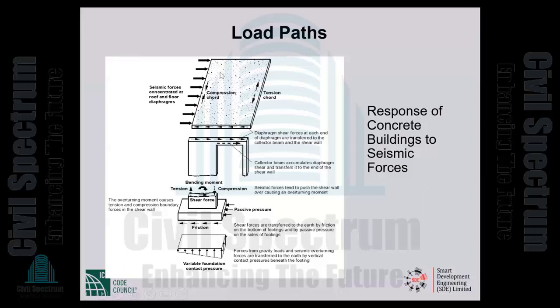So in that case, the roof slab is acting as a diaphragm, as we call it. Under the in-plane bending, the top edge of the diaphragm develops tension. That edge of the diaphragm develops compression.